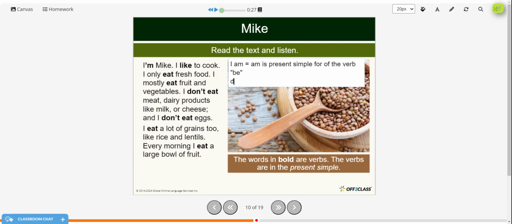And then don't eat is the negative simple present. All right.